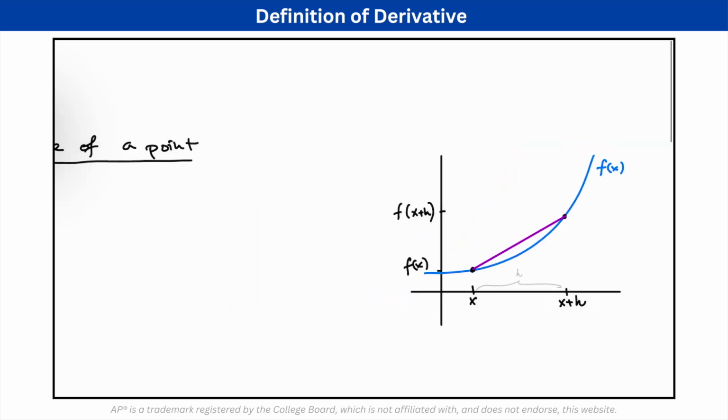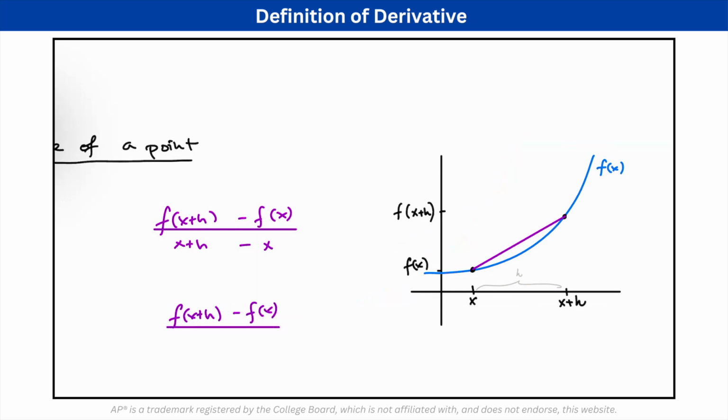We would say it's y2 minus y1 over x2 minus x1, and we simplify this to get a single h in the denominator. So you saw it in your notes, and I hope you now find this notation a little bit familiar. You know where this is coming from.